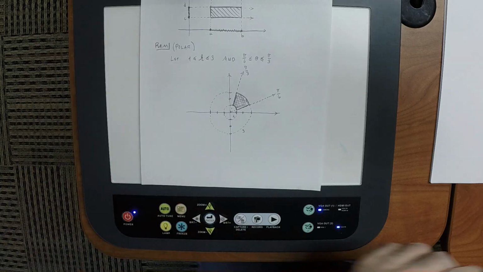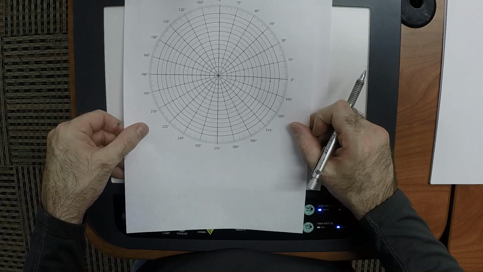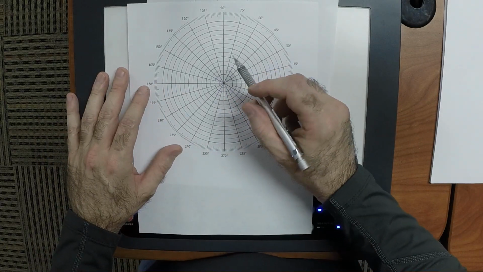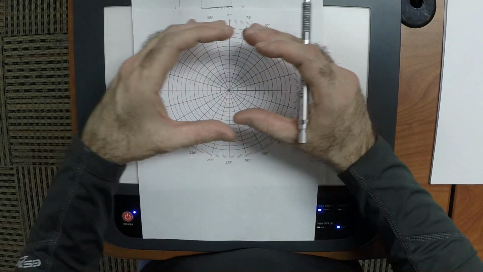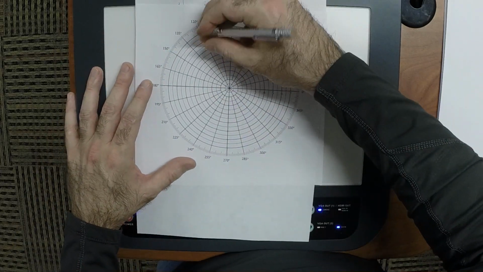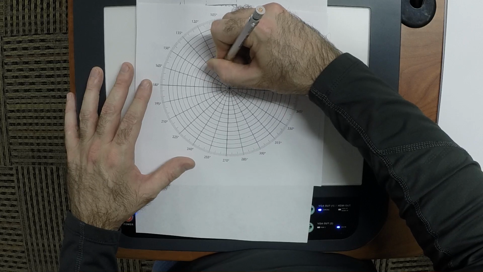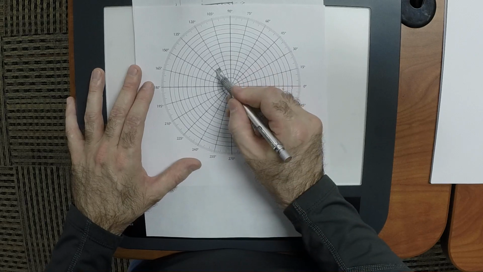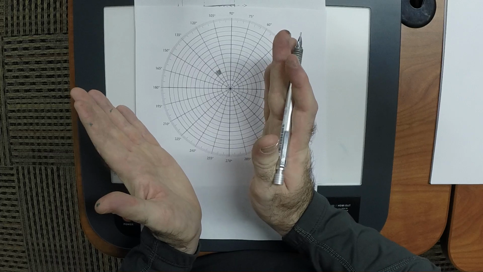Okay, so I gave you a printout there, and you can see the little things there. Instead of rectangular graph paper where everything is little bitty rectangles, notice that the little bits are shaped like this. So that shaded region is the stuff between two radii and between two angles.